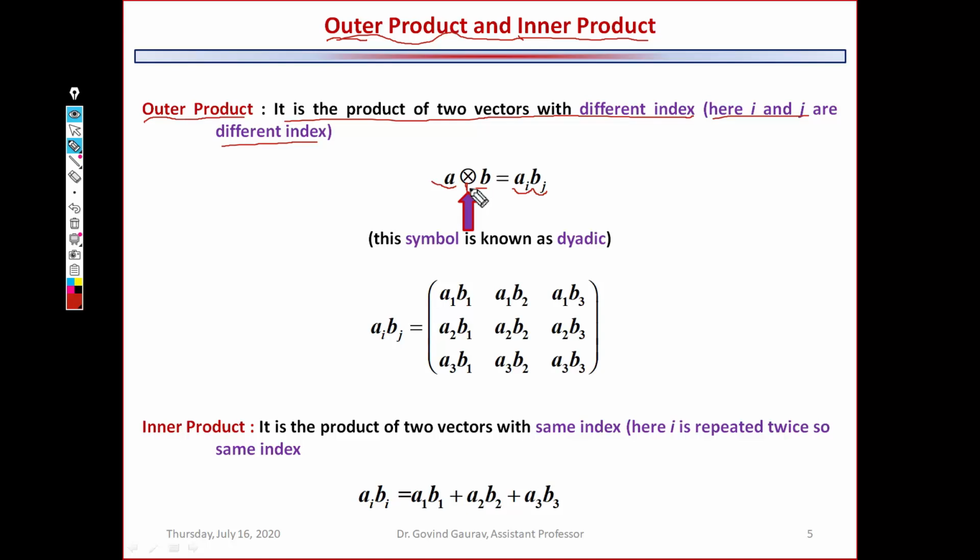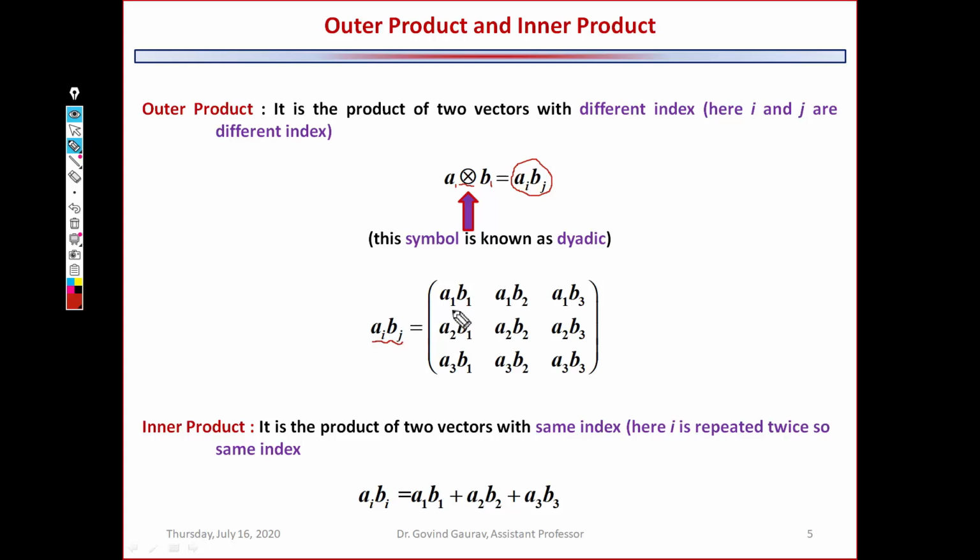So if we simply write this dyadic symbol, we need not put up the subscript i and the subscript j. If we put simply this dyadic symbol, this means that A has a subscript i and B has a subscript j.